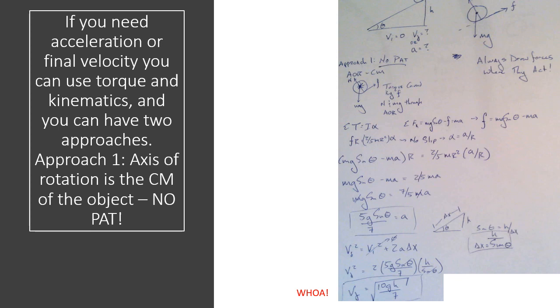So the sum of the torques is just friction. Friction times radius is equal to I alpha, or friction times radius is equal to 2/5 mr squared times alpha. This is a no-slip situation, so alpha is equal to a over r. So I get friction times radius, that's the only torque I have, which is equal to 2/5 mr squared times a over r.